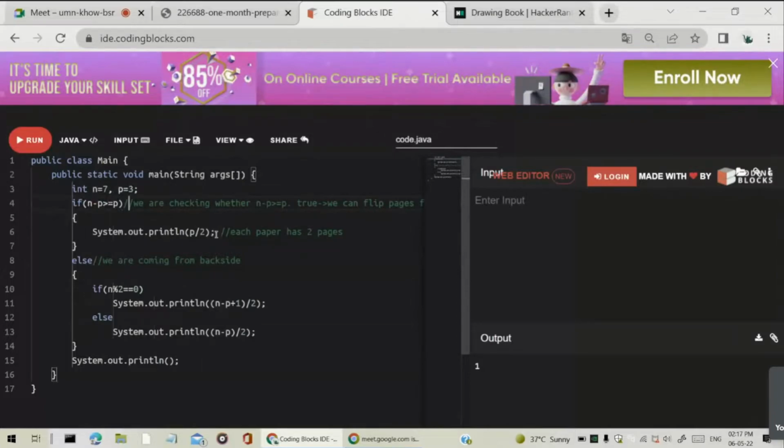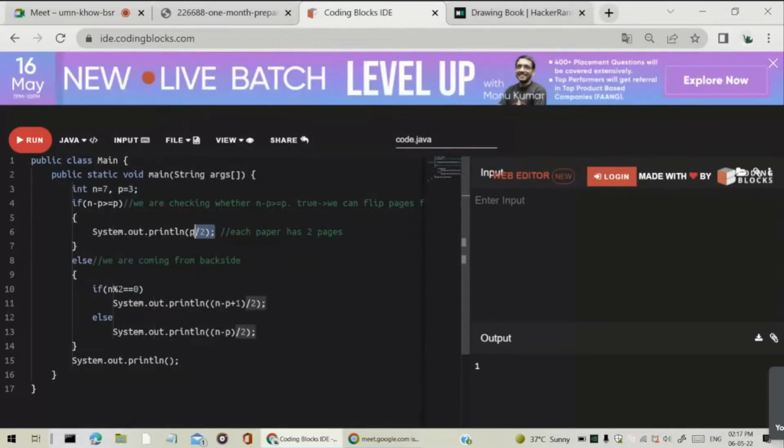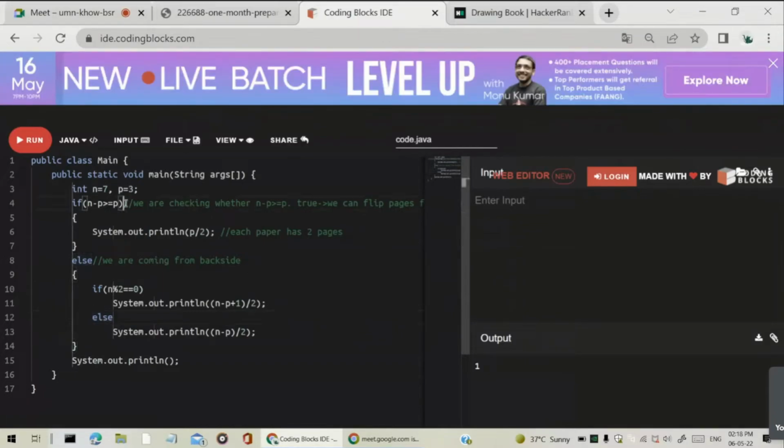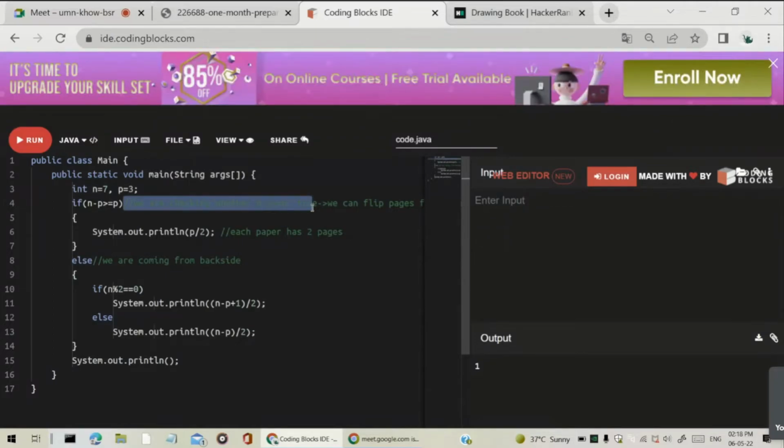So we are going to print p by 2. p is nothing but 3. 3 by 2 is 1 point something, and as we are taking it as integer, it rounds down to 1. So we got the 1. That means we have to flip pages from the front. How many pages are we flipping? We are flipping essentially only one page in order to get to page number 3.